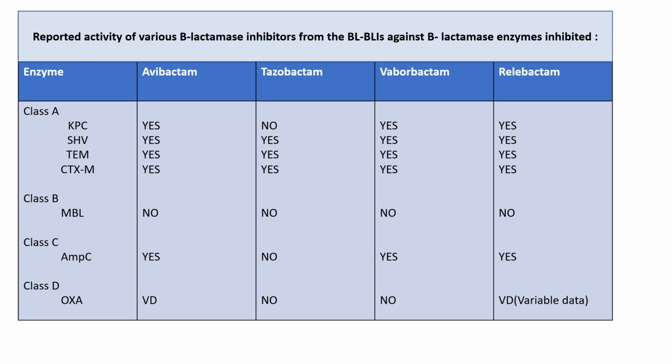Similarly, vaborbactam and relebactam. However, avibactam will have no activity against MBL. Similarly, tazobactam, vaborbactam, relebactam will have no activity against MBL. While for AmpC, avibactam is active, but tazobactam will have no activity, while vaborbactam, relebactam will be active. So this is how these beta-lactamase inhibitors have different activities against these classes of antimicrobial resistant genes.